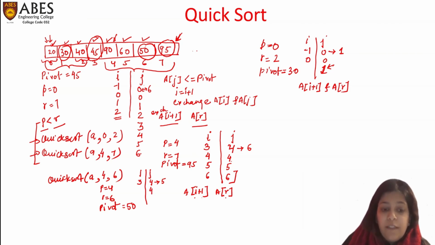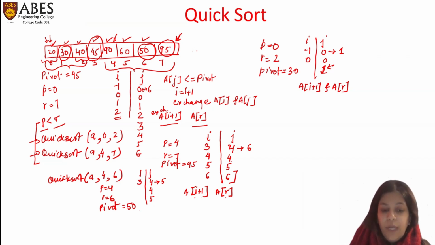We check whether this value is less than the pivot or not. No, it is not. Then we increment j and its value becomes 5. We check aj, which is 60, again greater, so we are not going to do any swapping. Then we come out of the j loop as it has reached its upper bound.